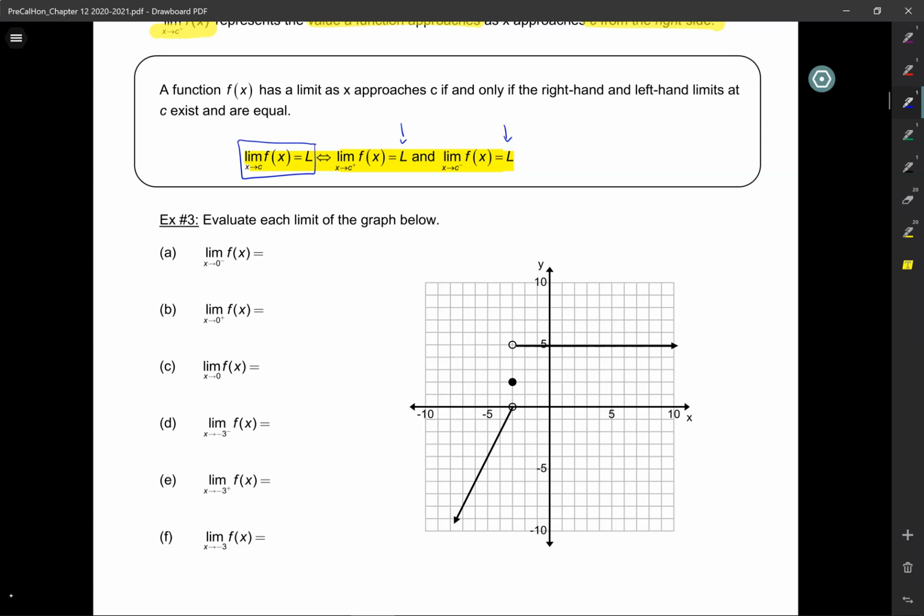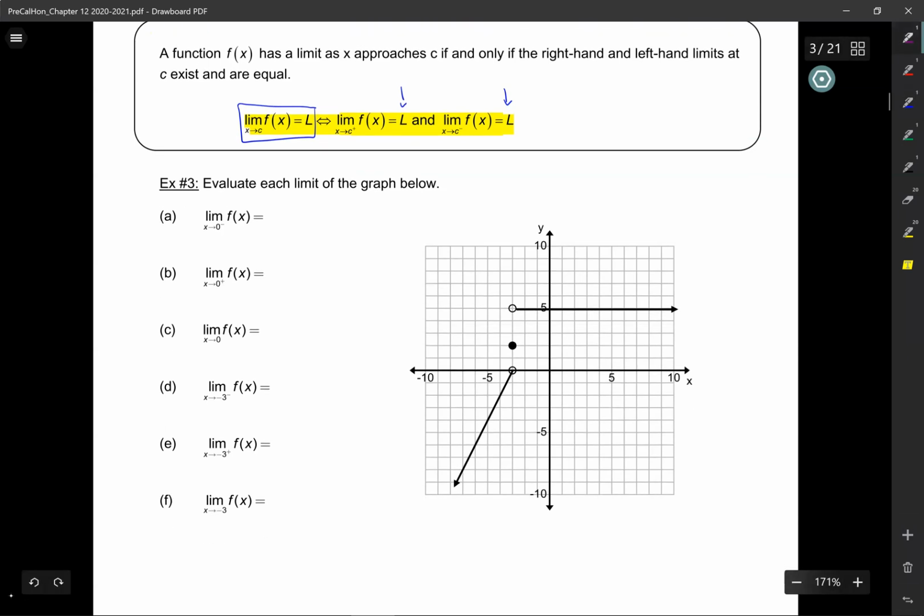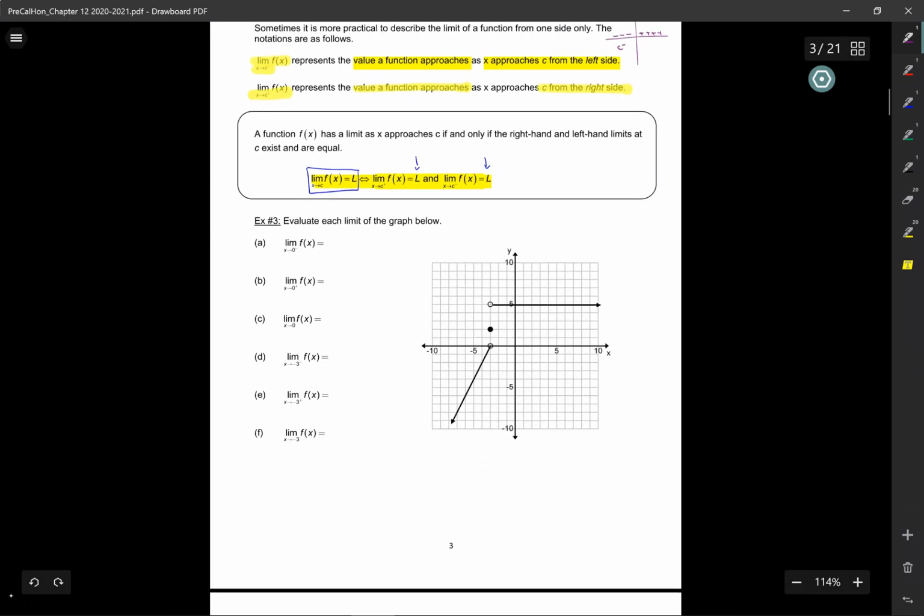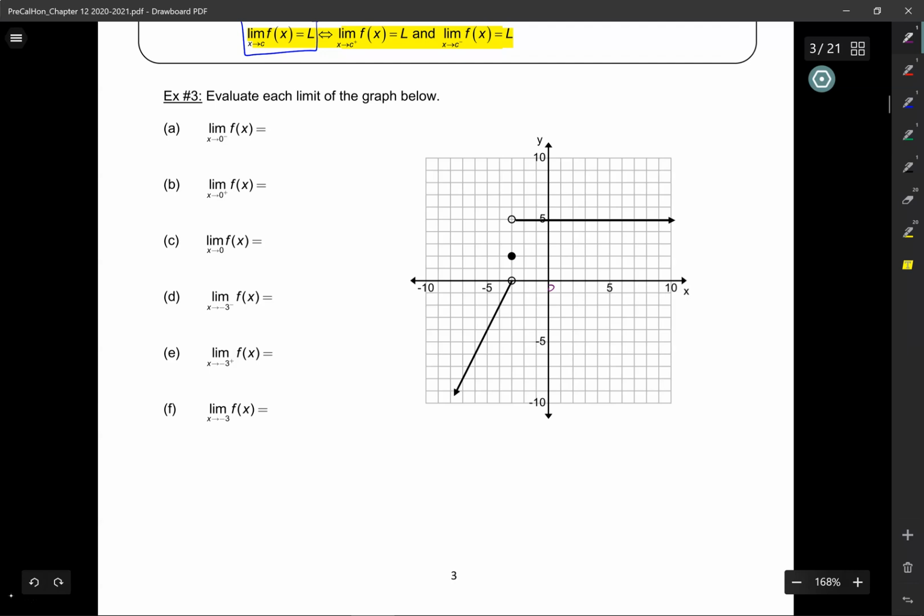All right, let's take a look at the limit as x approaches 0 from the negative side. All right, so practically speaking, how do we do this? X equals 0 is here. If I want to take a look at the limit as x approaches 0 from the negative side, all right, imagine there is an imaginary line at x equals 0. Immediately to the left of the line, where is your graph? At what y value? 5, right? Right here, 5. So I say this is 5.